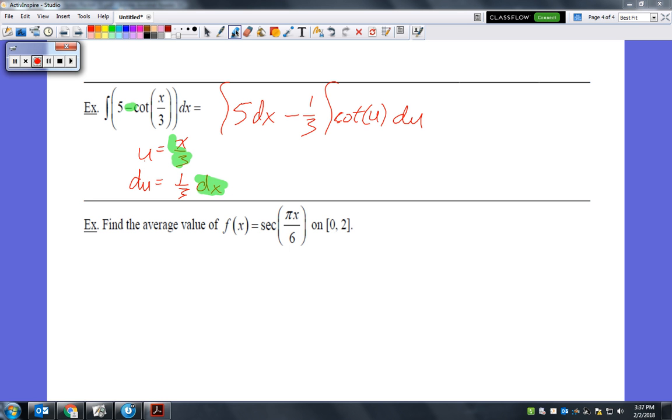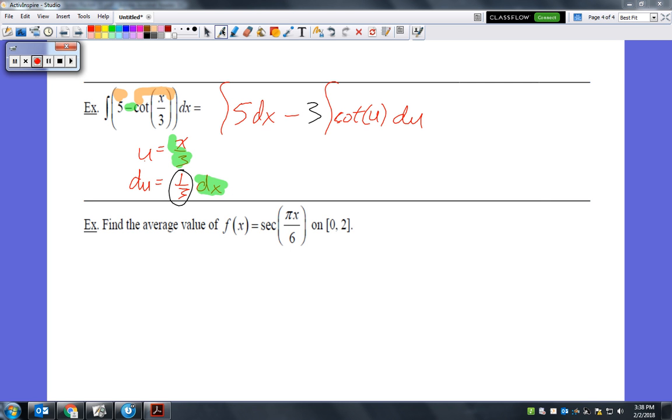I have subtraction, therefore I have two problems: the 5 and this guy. Nice catch, Jake. It's a 3 because we have the 1/3, you know what I mean? Move it over to the other side. It's going to be 3 times that.